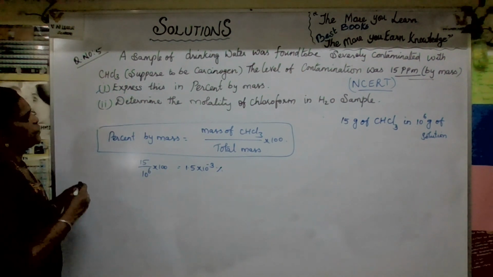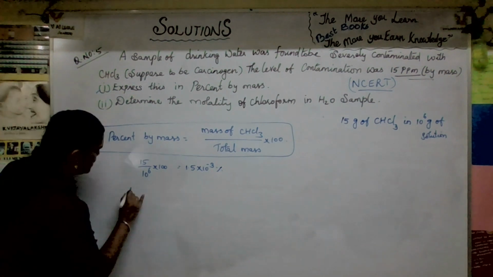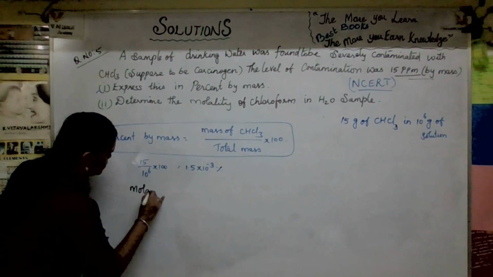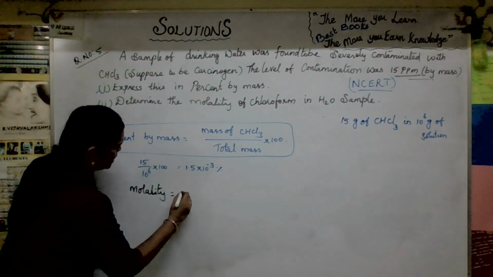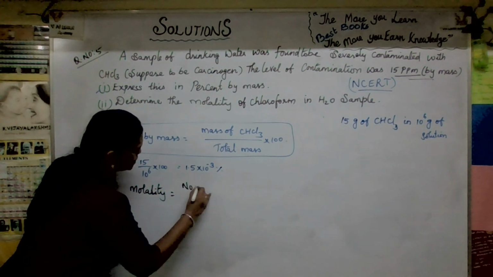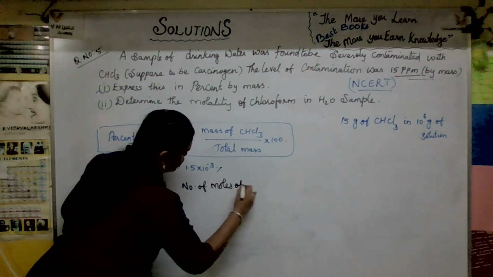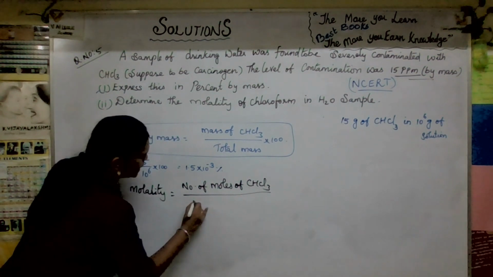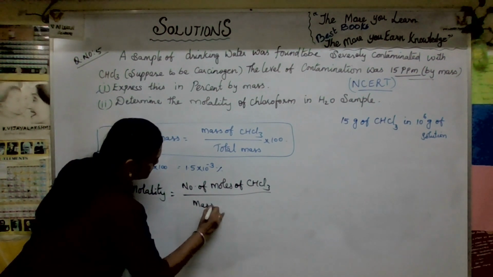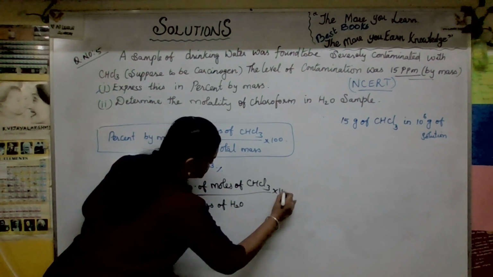Okay, now the second one, molality of chloroform in sample. Molality formula, right? So molality equal to number of moles of chloroform CHCl3 divided by mass of water into 1000, right?